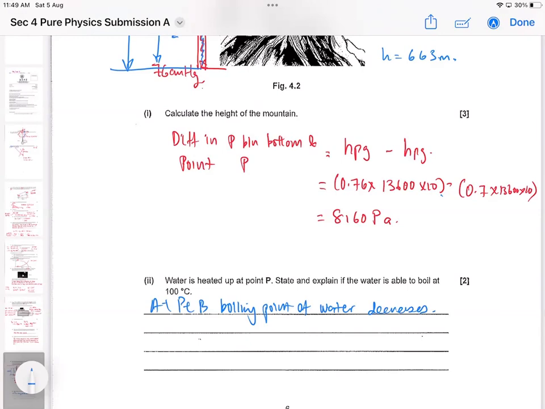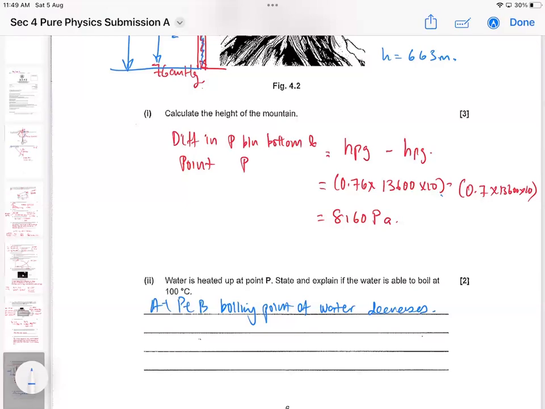So if the pressure is lower, what can you say about the amount of force the air particles are pressing on the surface of your liquid at point P at the higher position? Do you think the force that is pushing on the surface of the liquid is higher or lower at point P? So if the force acting on the surface is lower at point P, do you think it's now easier for the liquid particles to push through? Yeah. So as a result, the boiling point will be lower.